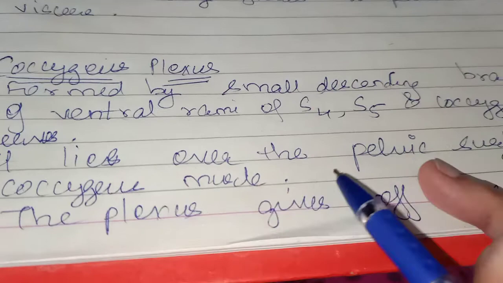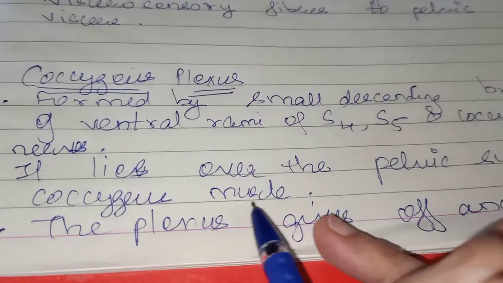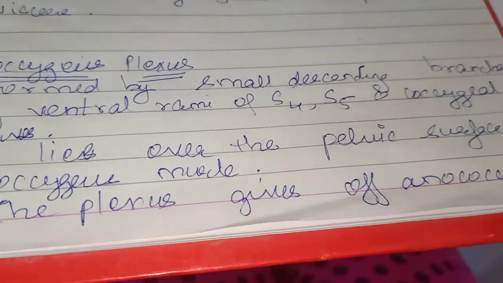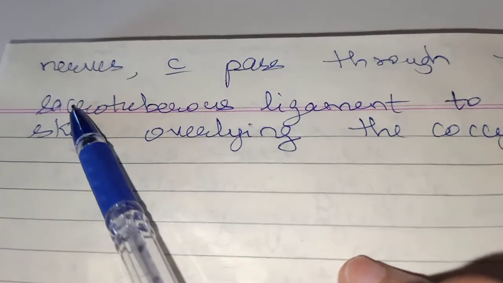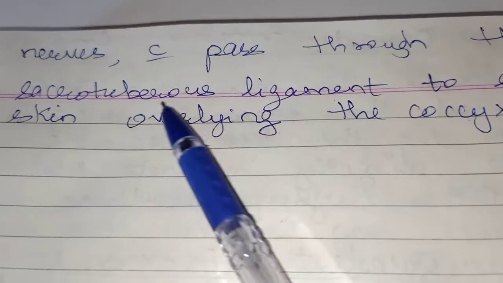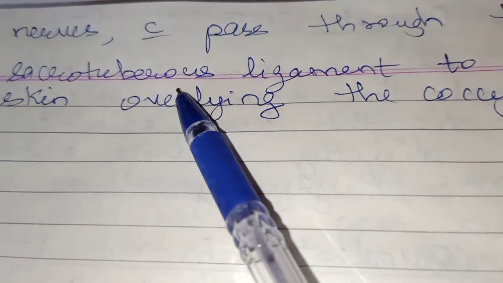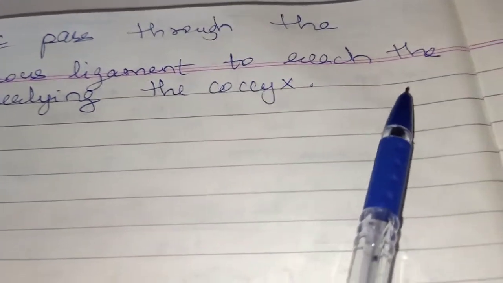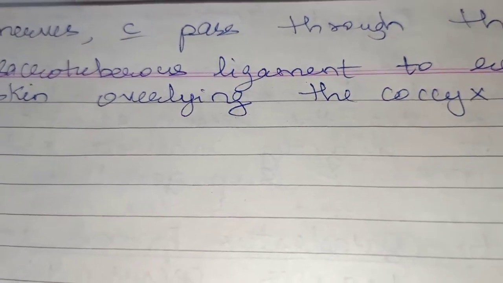It lies over the coccygeus muscle and gives off anococcygeal nerves, which pass through the sacrotuberous ligament. The sacrotuberous ligament is between the sacrum and the ischial tuberosity, and the nerves reach the skin overlying the coccyx.